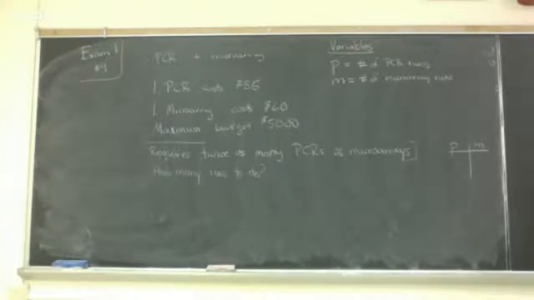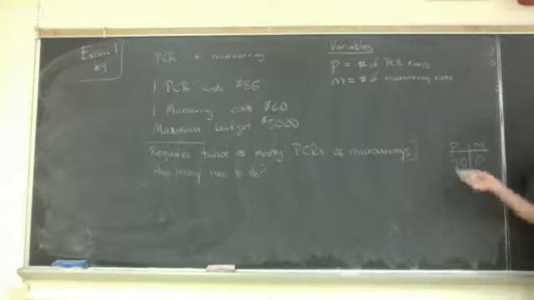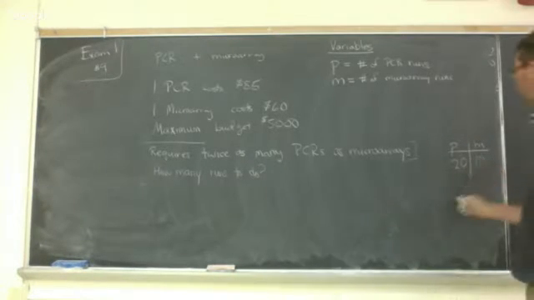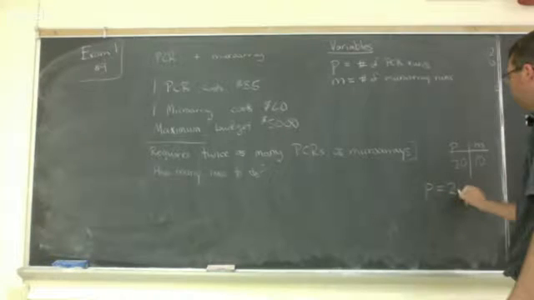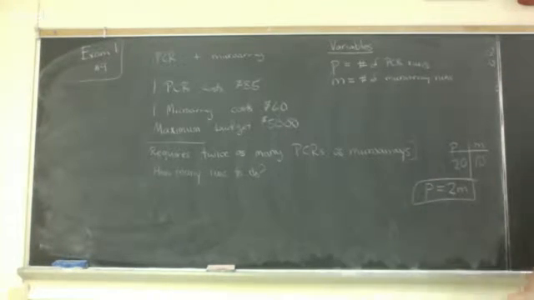So if I have 10 microarrays, how many PCRs will I need? 20? And how did you get that? Multiplied by 2, right? And so that's actually our equation. P equals 2M. That's one of the equations.